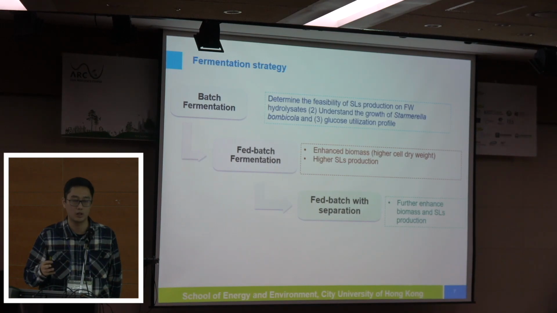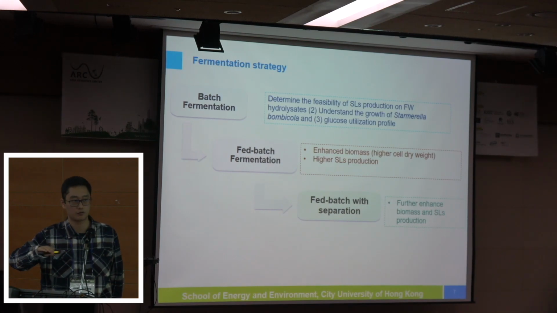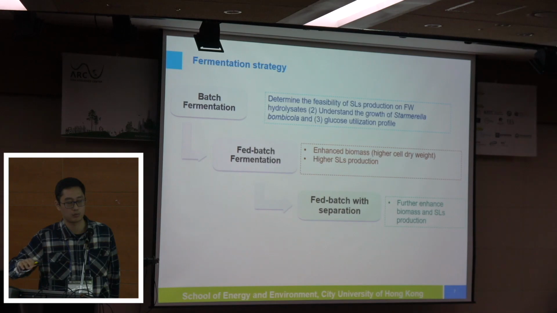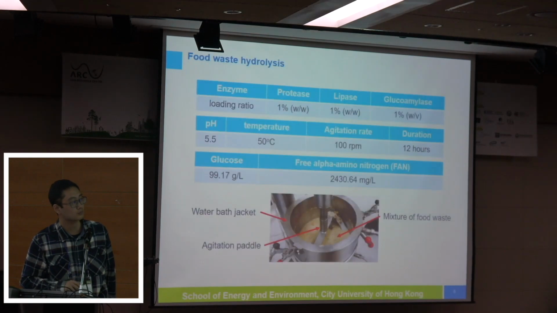So if we apply in-situ separation, maybe we can separate the sulfur-lipid, pump back the broth, and feed new glucose and oleic acid to let it produce our product again. This is the basic idea of fed-batch with in-situ separation.